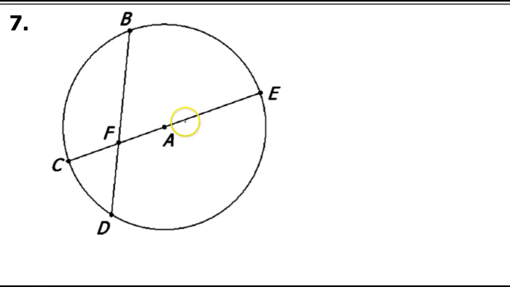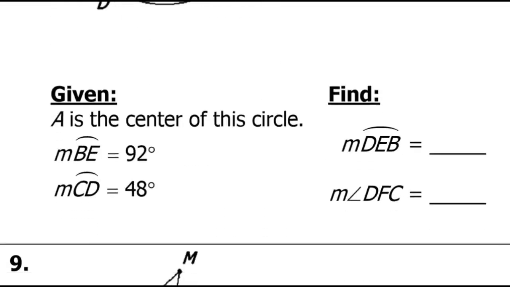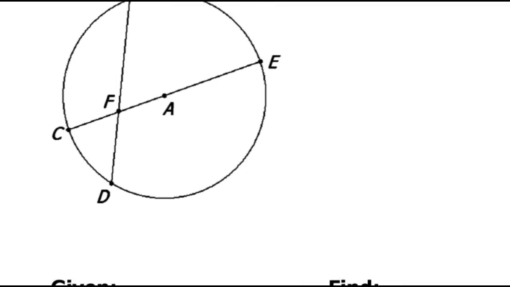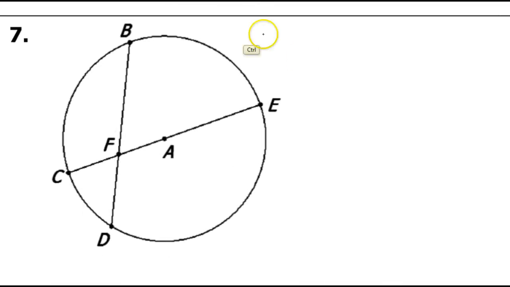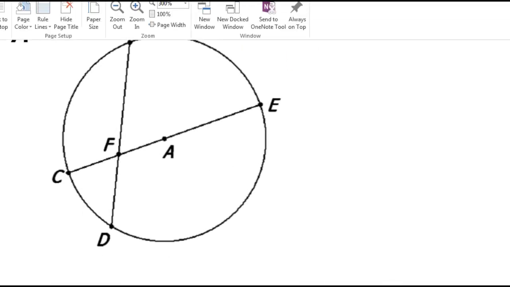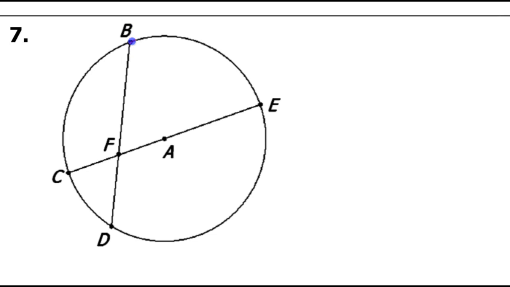Number 7. All right, we've got this picture here, but the question is down below. So let's see. Arc BE is 92 degrees. Okay, so fine. Arc BE is 92 degrees. What else?